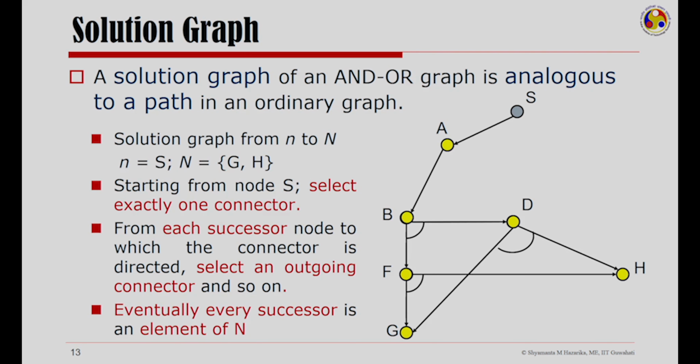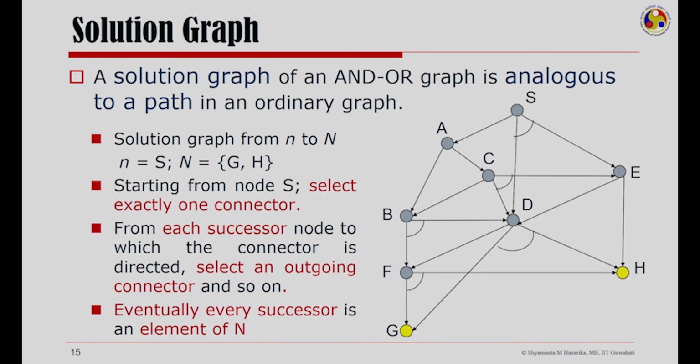Thereafter A could be marked as solved, and thereafter S could be marked as solved, because for solving S all I need is solving A. This is the solution subgraph for the AND OR graph that we started with.